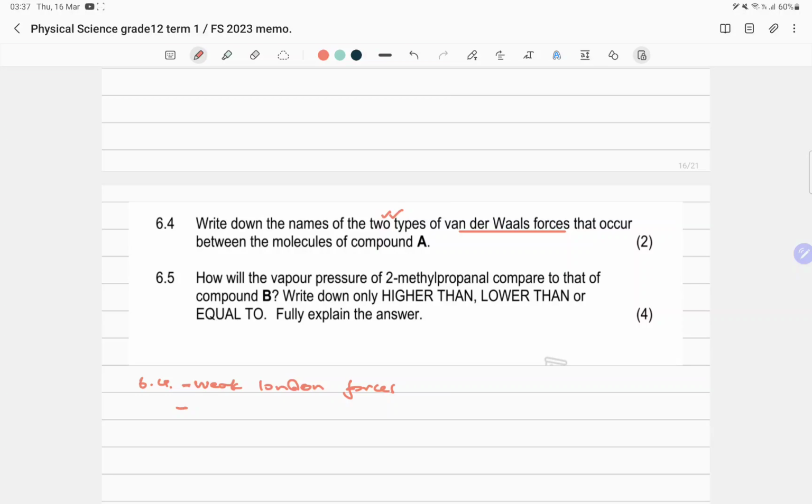Okay, anyway, let's not even say anything because they didn't ask us about the strength, so we can say dipole forces. Maybe let's not even say weak London forces. They didn't ask about their strength, so we're just going to say London forces and dipole forces. Easy stuff.